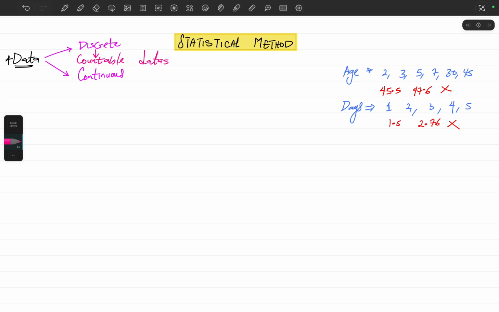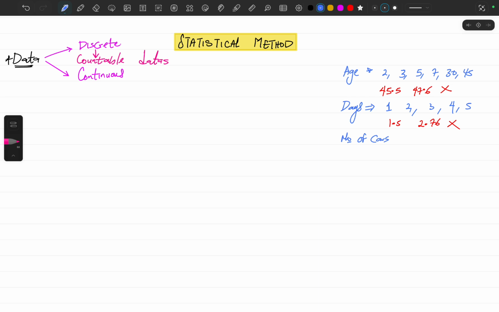Okay. Now, what about continuous data? If you have a continuous data, now this is different. To move forward, you can think about other discrete data. I've talked about age, I've talked about days, right? I've talked about the number of things you own, the number of cars that you own.